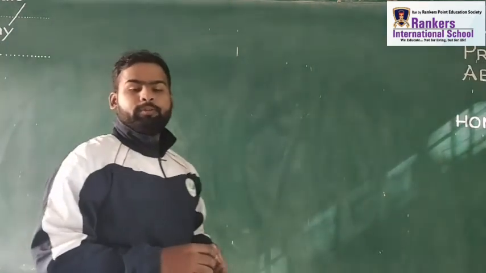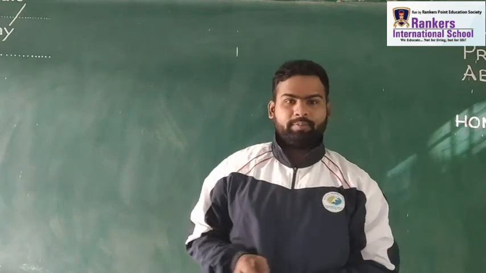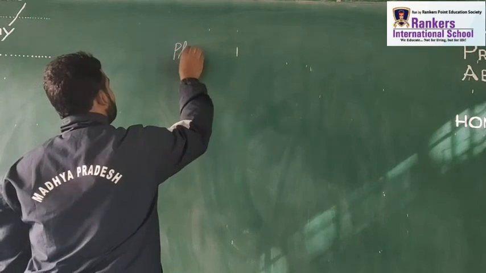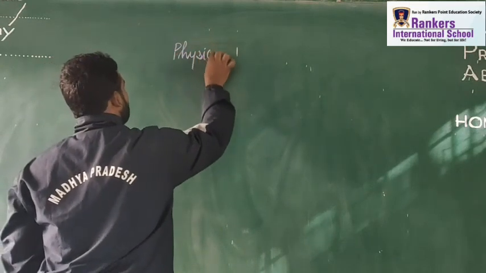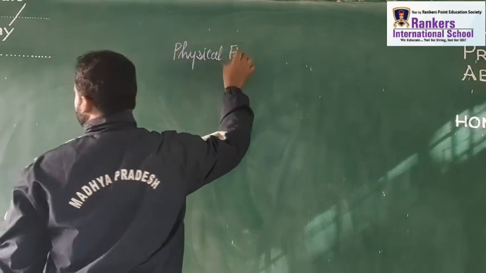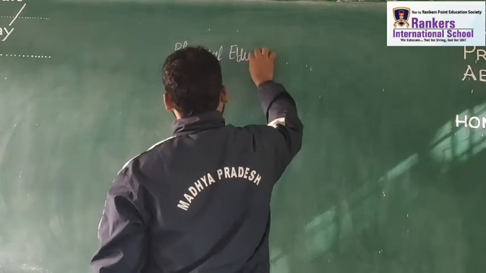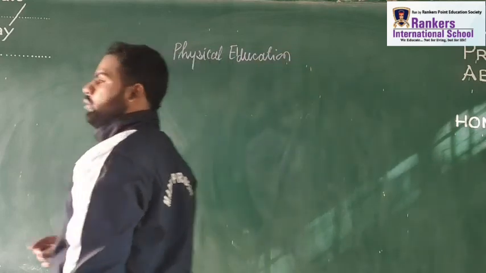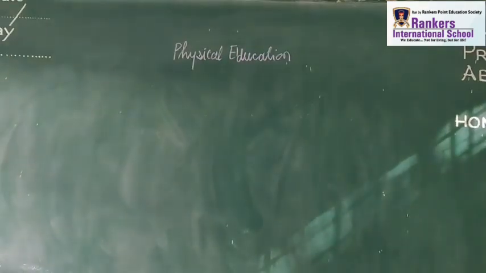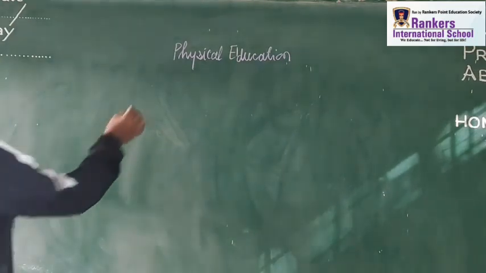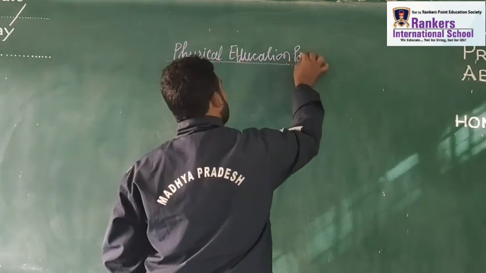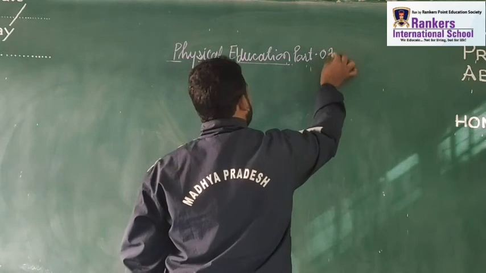We are going to learn the third part of our last unit, unit number 10. Welcome to the ocean of physical education. We are going to deal with part number 3.